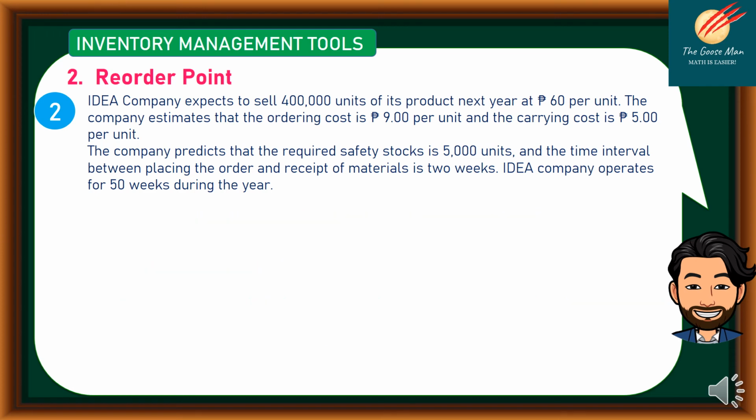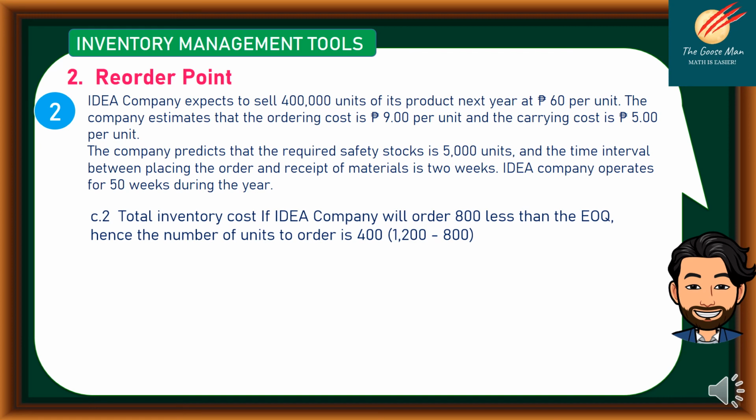Let's move on to the other scenario. The other scenario is the total inventory cost if IDEA company will order 800 less than EOQ. Hence, the number of units to order is 400, because take note that we got 1,200 a while ago in our EOQ, minus 800, so we have now 400.